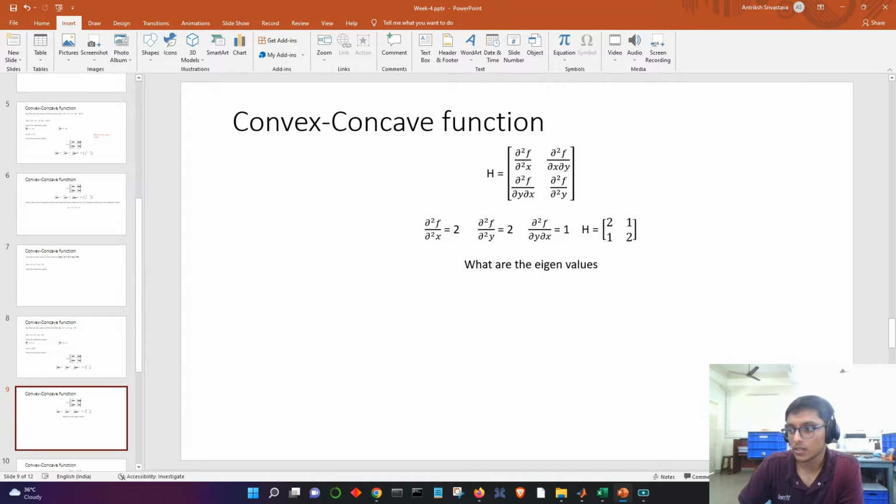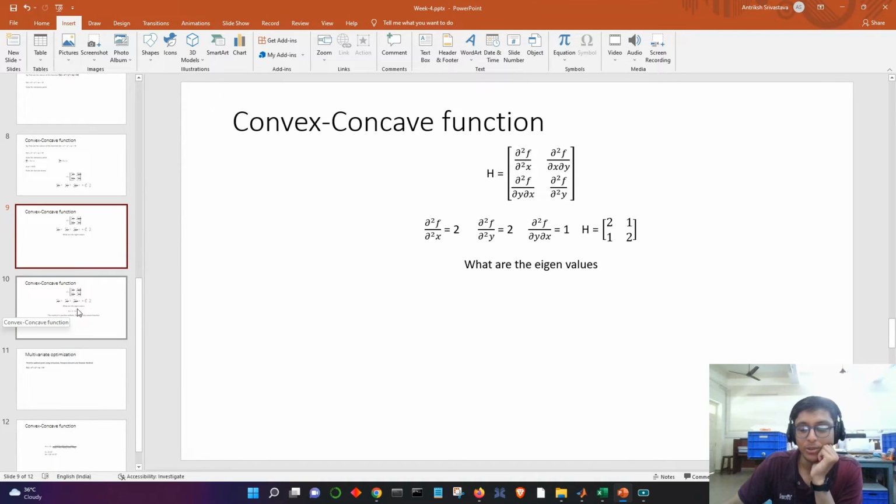I am not sure if you guys are solving or not. If someone is solving, can you raise your hand? Okay, so no one is solving. I think it is too simple, so you are not interested in solving this. It would have been nice if we had solved it, but no problem.